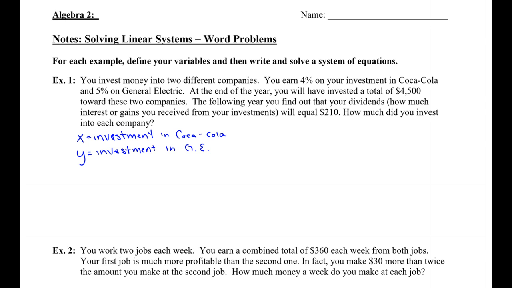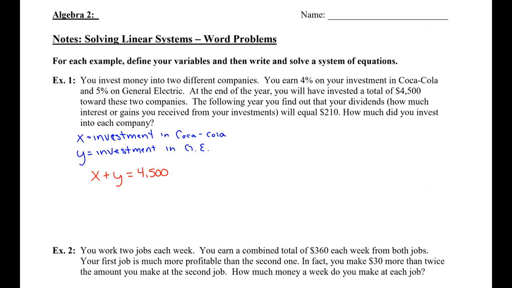So my first equation is going to talk about how much money I will have invested total at the end of the year. So however much I invest in Coca-Cola plus however much I invest in General Electric should equal a total of $4,500. Next, I want to talk about how much money I'm going to earn.